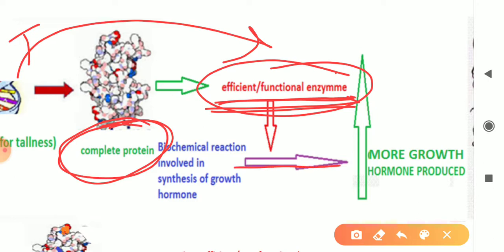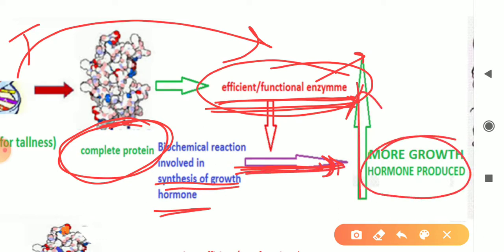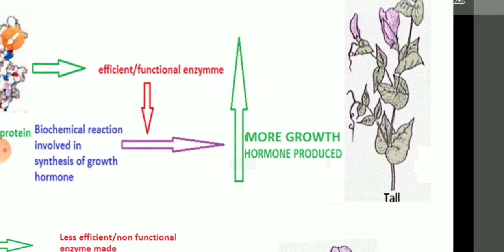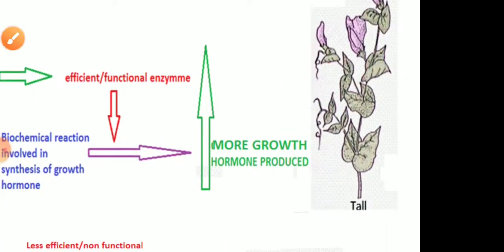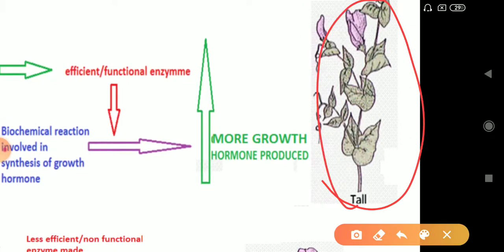The biochemical reaction that it mediates will be done in a proper way, and this reaction is important for the synthesis of growth hormone. So as a result, more and more growth hormone will be made, and if the amount of growth hormone is more, then the plant is definitely going to be tall.